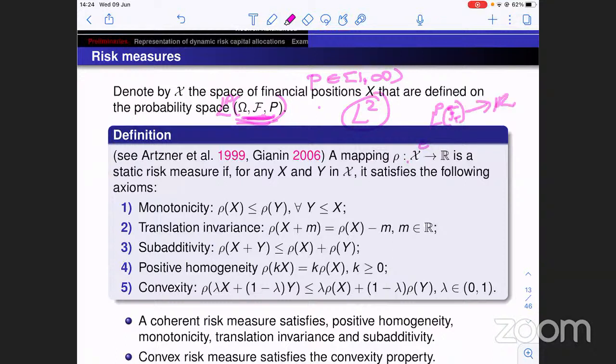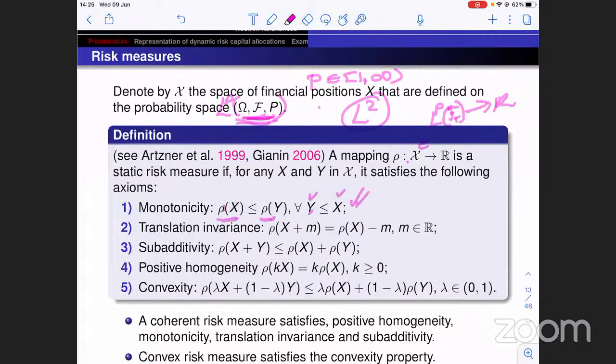And then we have these properties. Monotonicity: we have a position y which is less than the position x, and if you are now looking at the measures, we can say if you've got a bigger portfolio, it has less risk than a smaller portfolio.